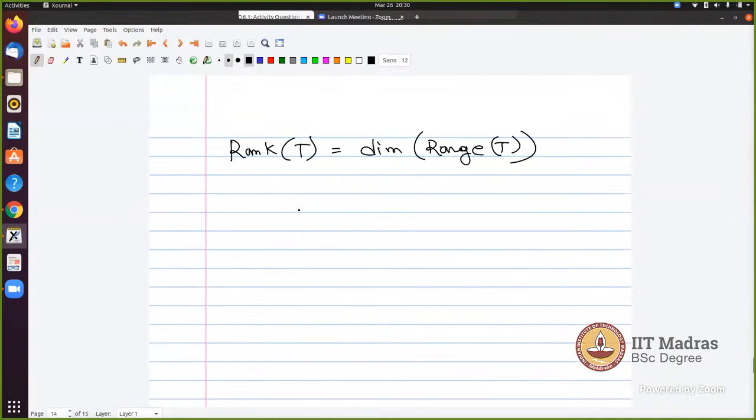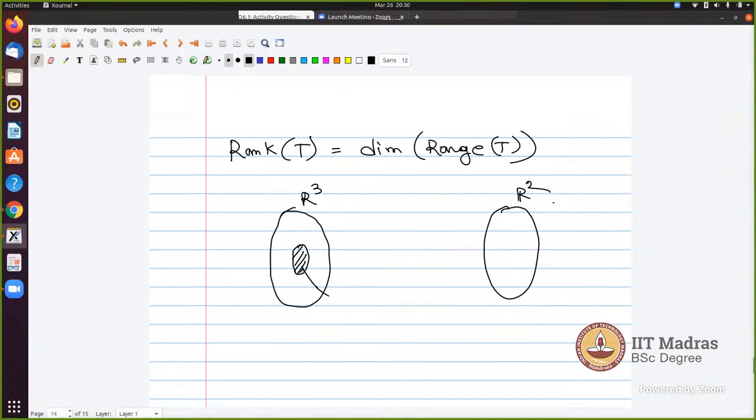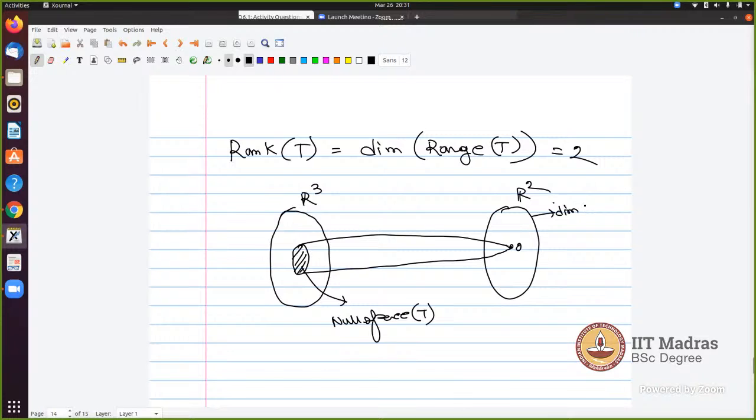So this is my R3 and this is my R2. Here something which is a one-dimensional space is my null space of T, and all of this is going to 0. Now you have calculated the rank as 2. The codomain is R2, with dimension 2.